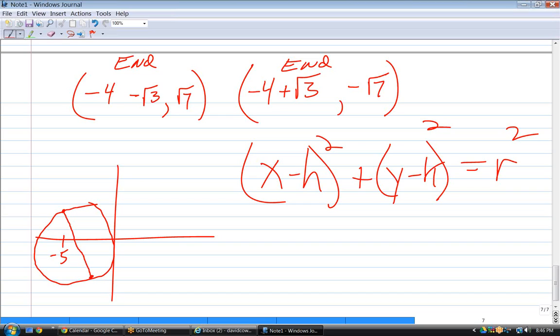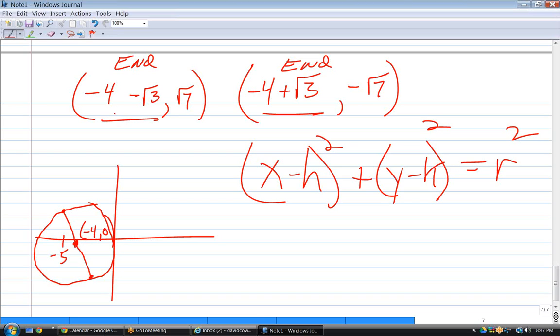It's the halfway point between them, and you'll notice that that halfway point is minus 4, 0. In other words, the center of our circle is at minus 4, 0.